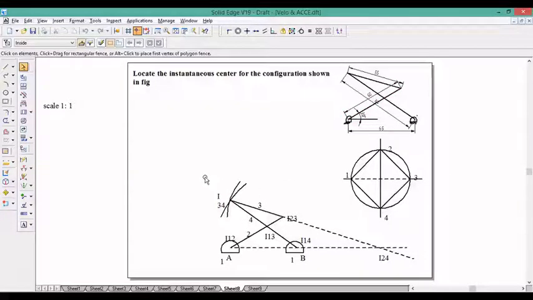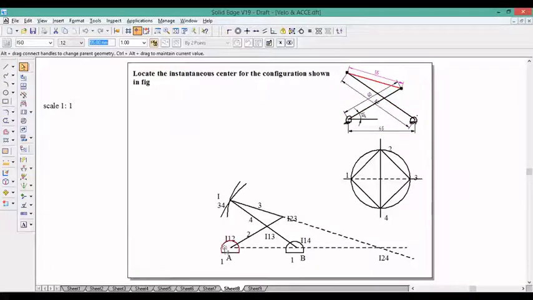All dimensions are given: 65 mm, 60 mm, 80 and 55, and an angle of 30 degrees. Just by using the instrument box, I can draw it. This is the problem statement. So draw the configuration diagram, and we can easily find the fixed instantaneous centers.